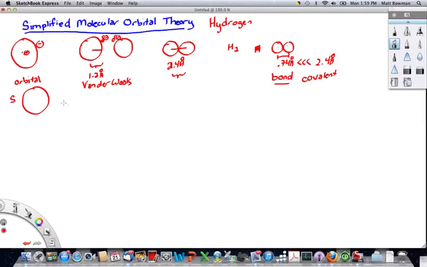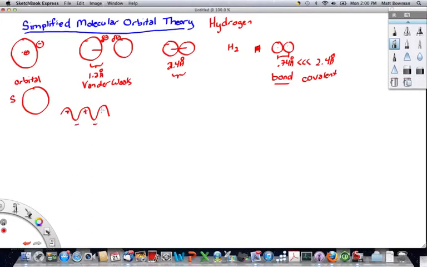Here's how it works. An important thing to remember is that electrons are so small that they exist both as particles and as waves. And waves have phases to them. You have a positive phase and a negative phase.